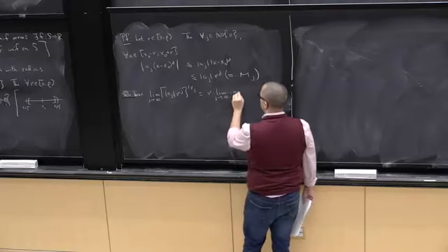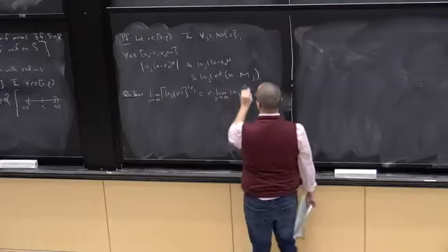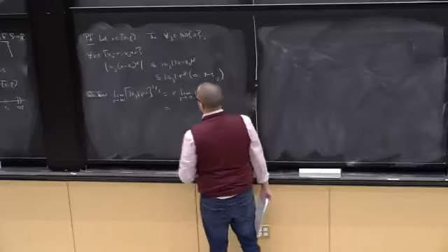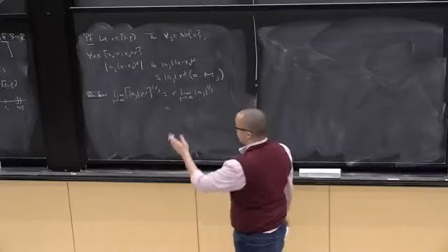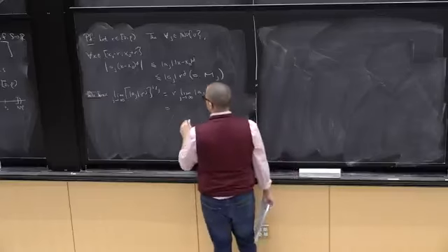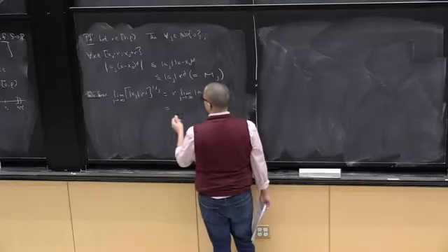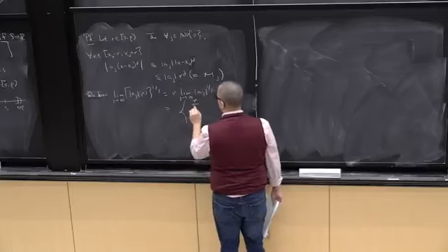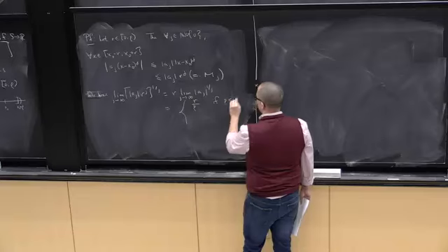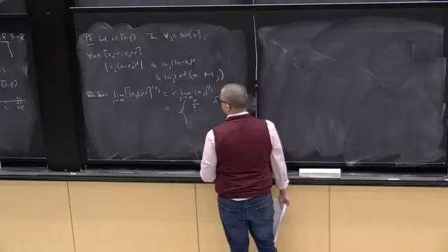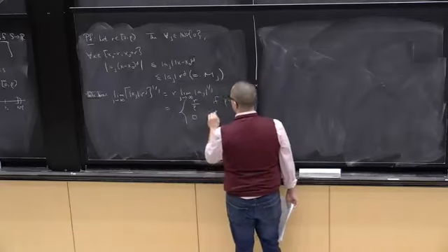And I pick up a to the 1 over j, and this is equal to 1 over rho, right? So this is equal to, if you like, I can put r over rho, as long as rho is less than infinity, meaning if the radius of convergence is less than infinity and not 0.